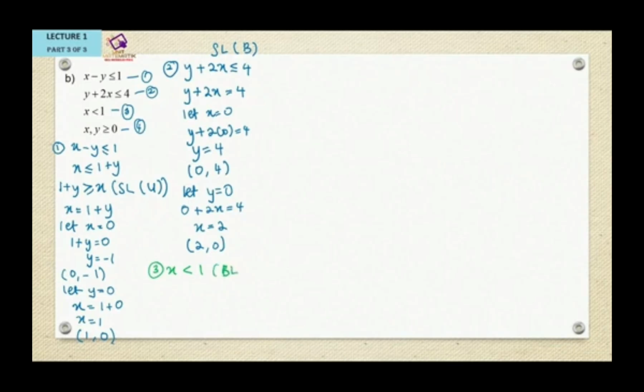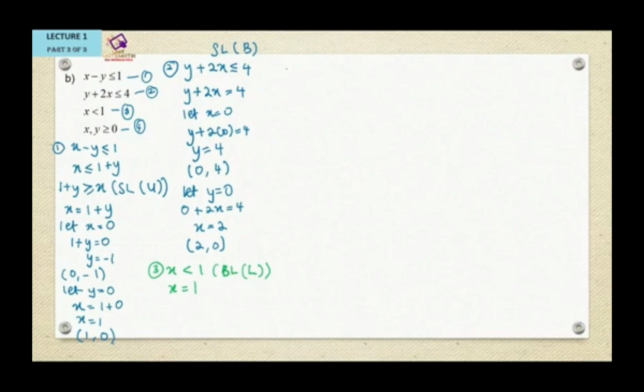Please remember, it is a vertical line. So x less than 1 means this is the left plane. So a broken line and the region is the left plane. We need to draw the vertical line where x equals 1. This is for number 3.